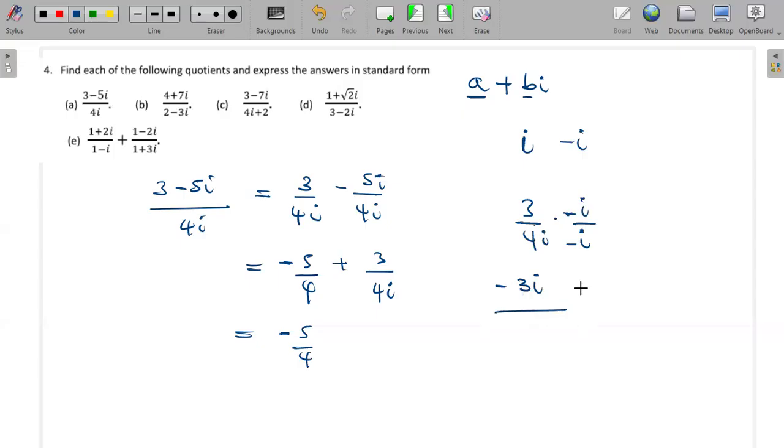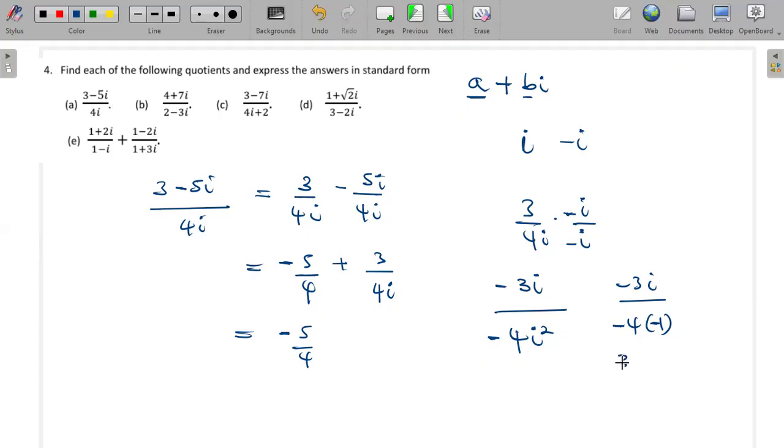Then down there you're going to get 4 times negative i squared. But what is i squared? i squared is just negative 1. So we have negative 3i over 4, and the i squared is negative 1, so this here gives you positive 4.